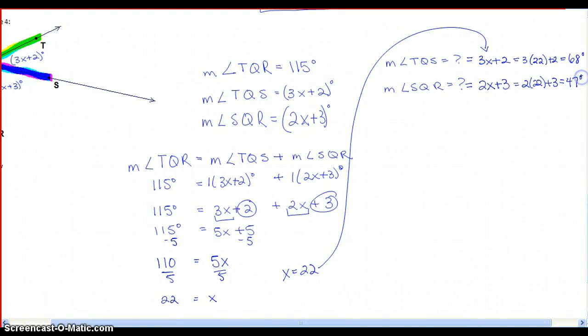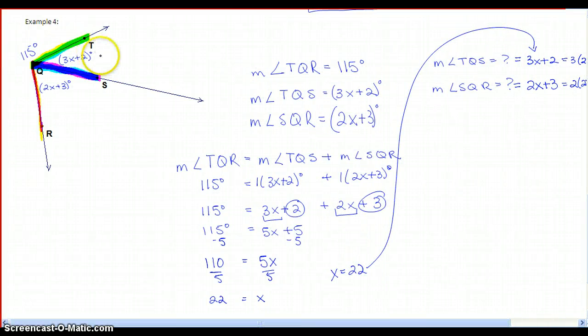So I have 47 degrees. So if I go back to my picture, I just found out this was 68 degrees, and this was 47 degrees. Now mathematicians are not very good at drawing to scale, so you follow what's given to you. And then you should verify. If I add 68 degrees plus 47 degrees, does that equal 115 degrees? Well, if I add 68 plus 47, yes, it equals 115, which is the other side.